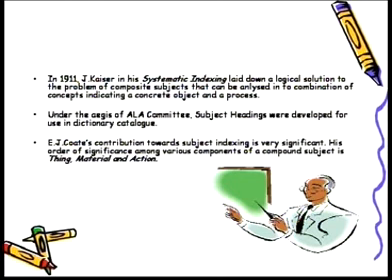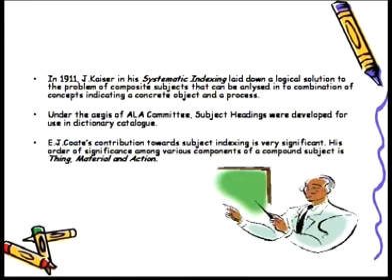Under the aegis of an ALA committee, subject headings were developed for use in the dictionary catalog. Lists of subject headings such as the Library of Congress and Sears list of subject headings, and Medical Subject Headings, MeSH, were published that helped in the compilation of a good number of lists for special collections for special purposes.